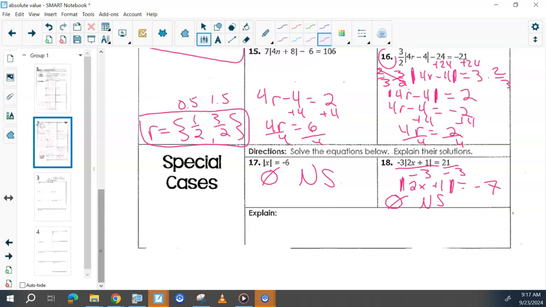Because it equals a negative number. So the reason isolated absolute value bars cannot equal a negative. I'll say expressions actually.